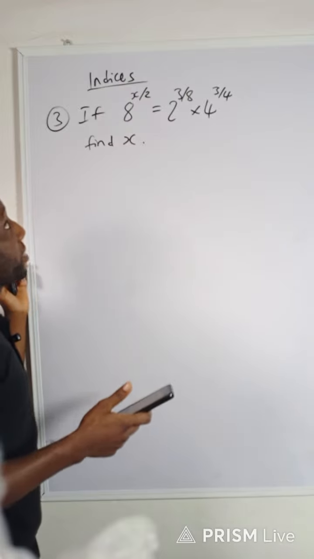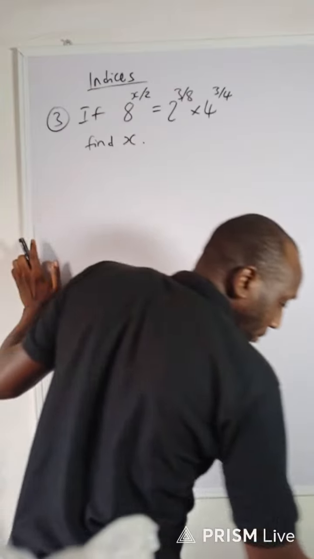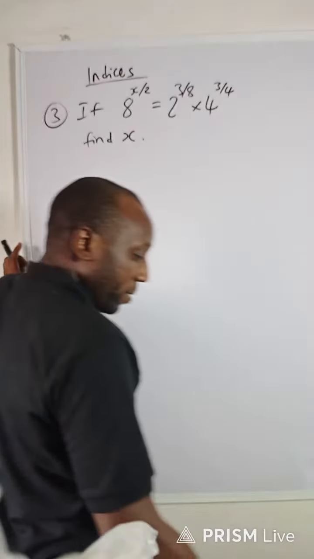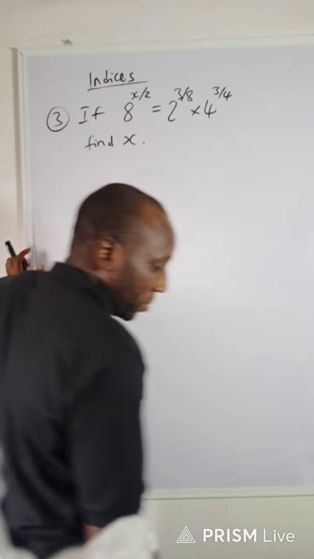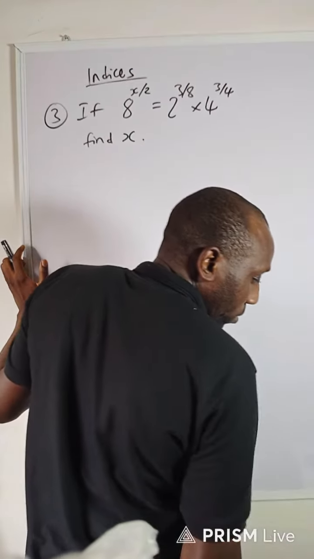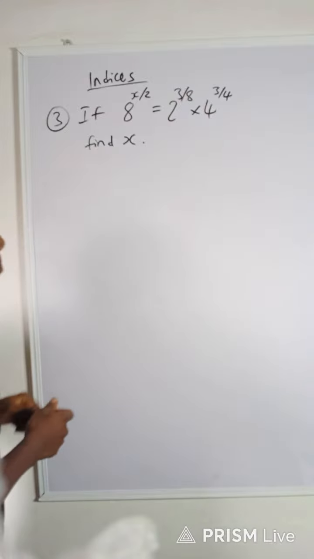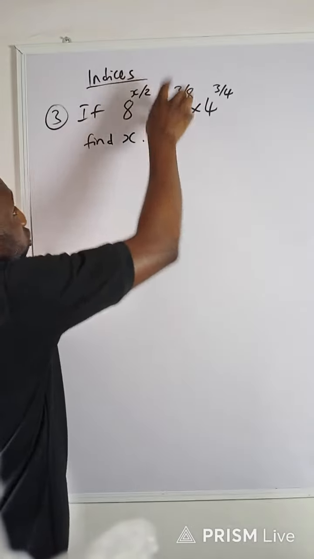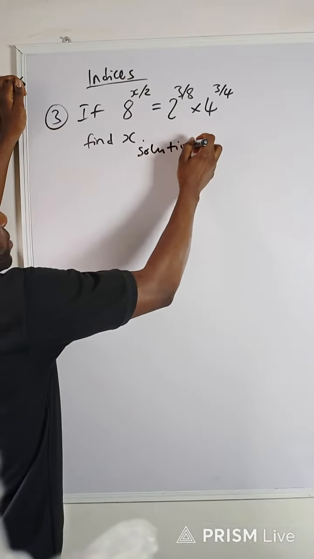You said times 8. Okay, I can see the answers already coming in. How did we get that? Are you sure the answer is 8? This is x over 2, by the way. Okay, don't worry, let's do it together.